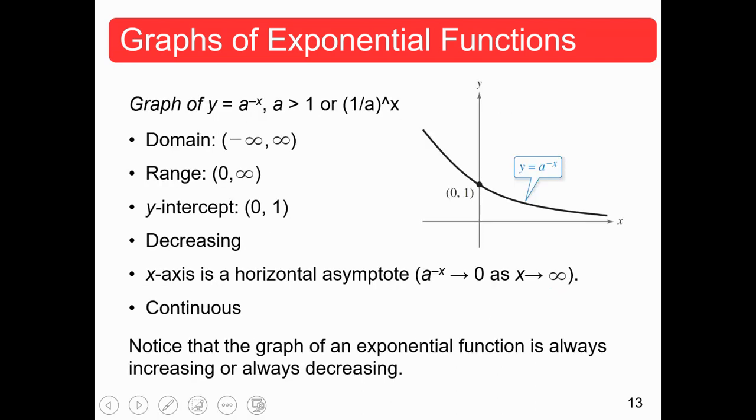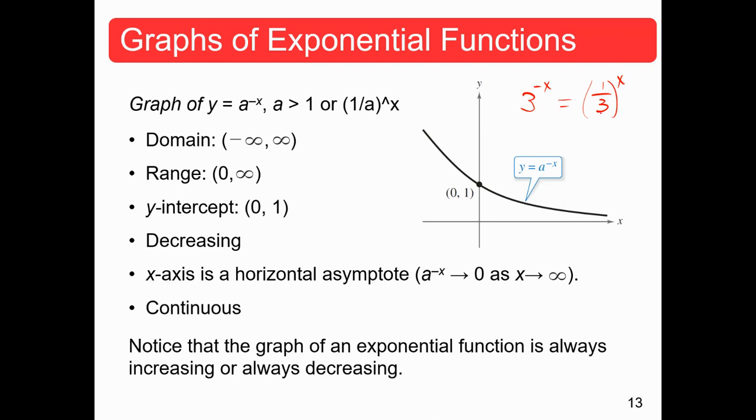Sometimes the graph might go in the reverse order, and that is because either x is negative or a is a fraction. For instance, you could say 3 to the negative x. If you think about what that really means, it means (1/3) to the x, because anything to a negative power puts it into a fraction form.